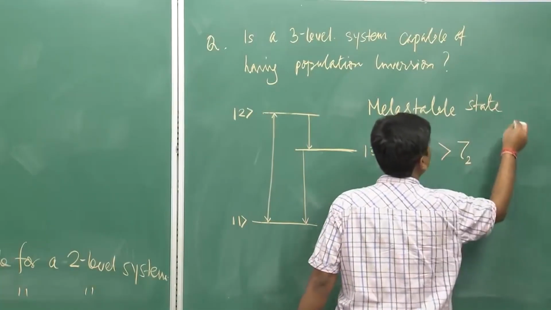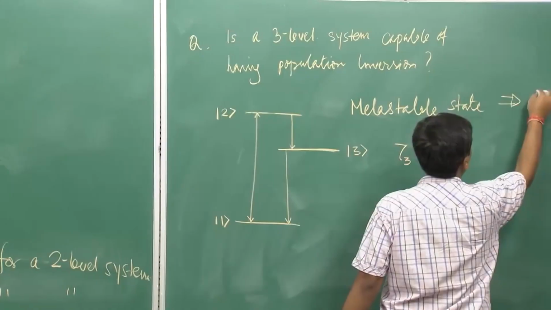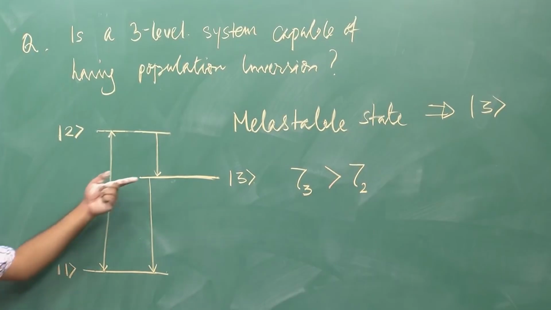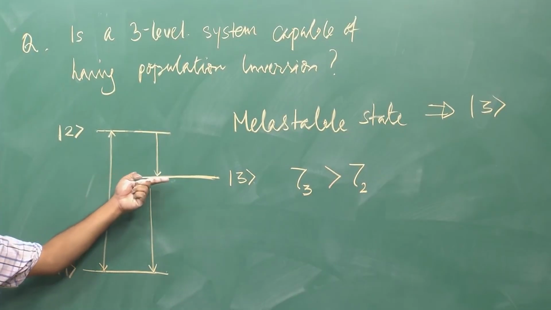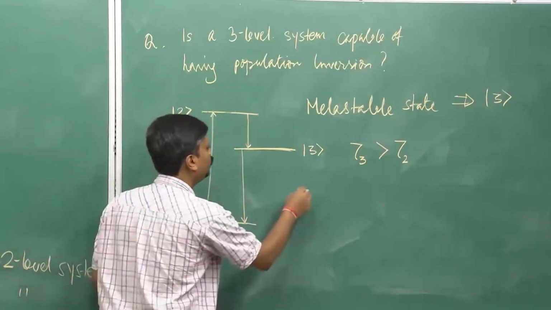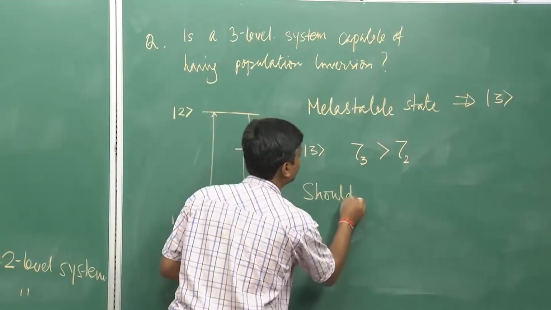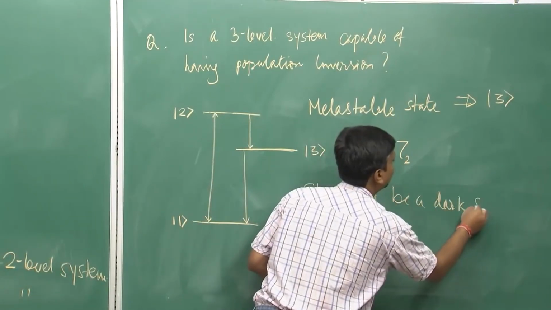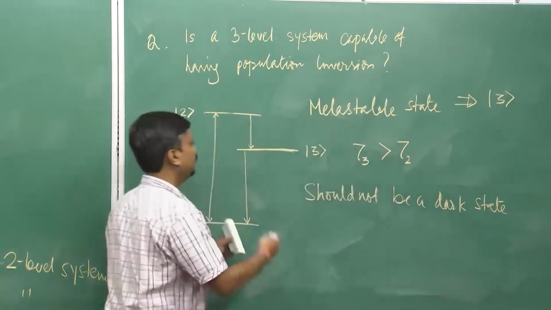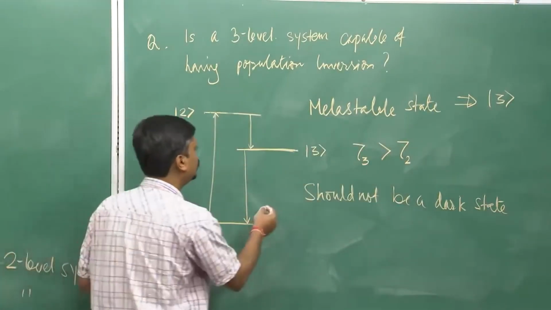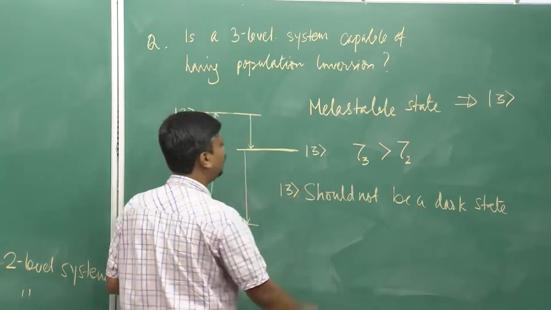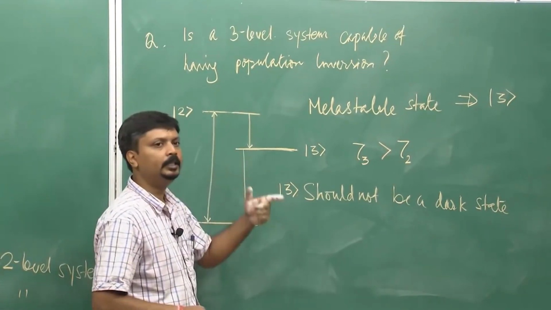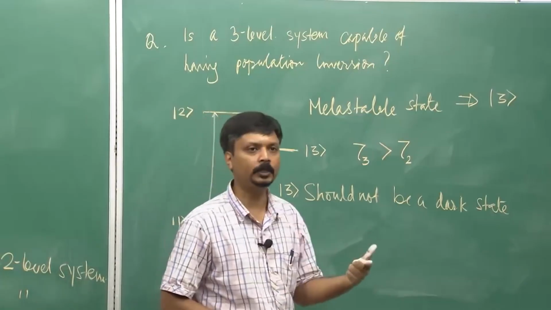So, my state 3 is a metastable state. Also, this state 3 should not be a dark state, so it should be able to emit radiatively. At this condition I can actually achieve population inversion.